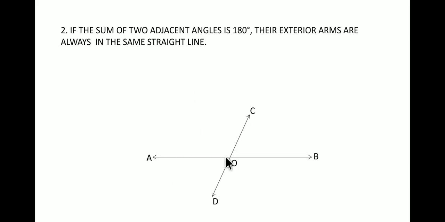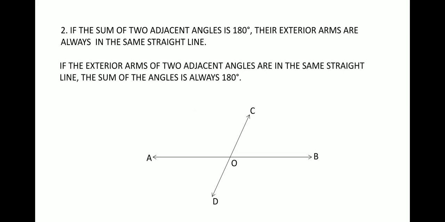So over here it's the same straight line, isn't it? AO and BO are the same straight line because they are straight lines and they are forming the angle of 180 degrees. This can be said the other way also.